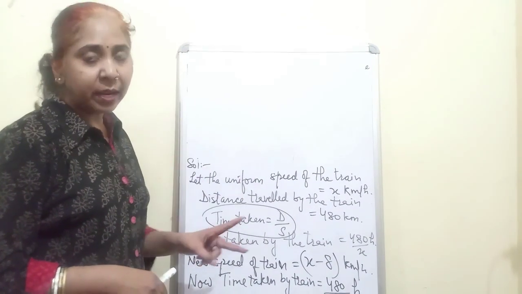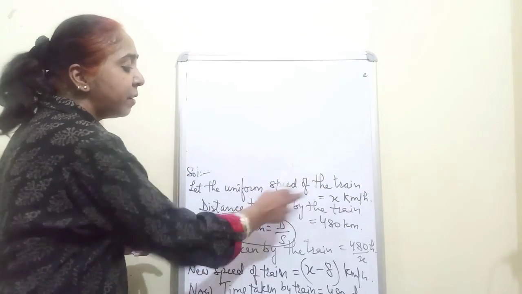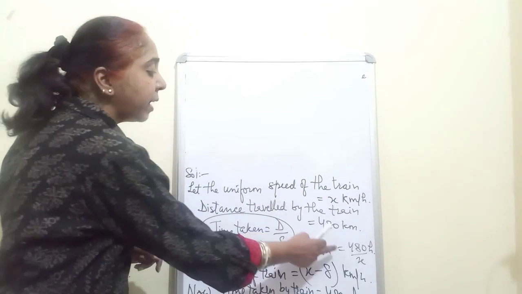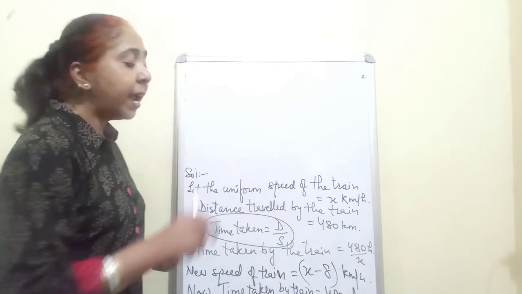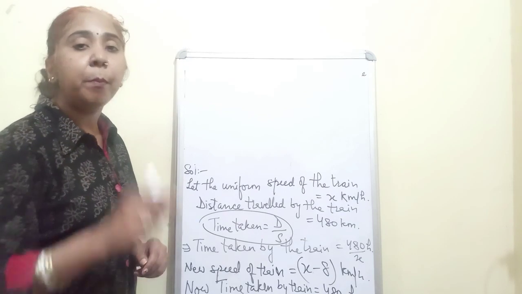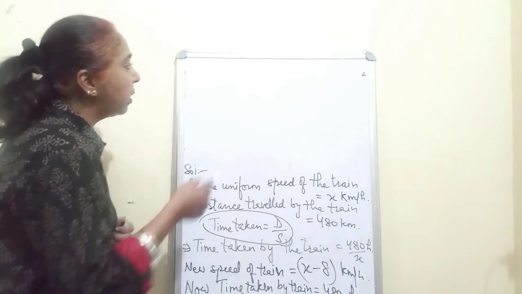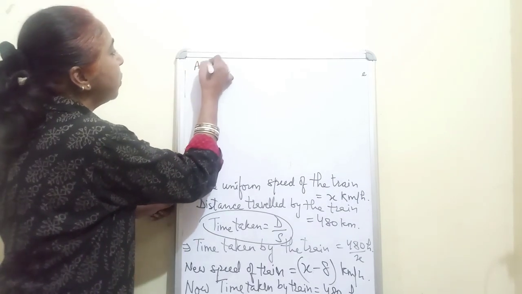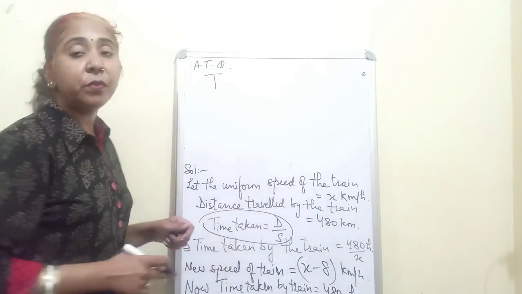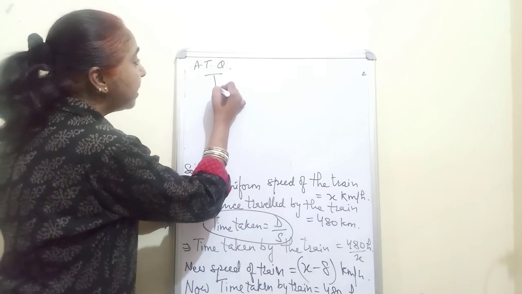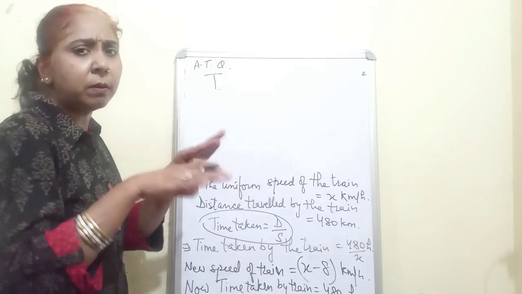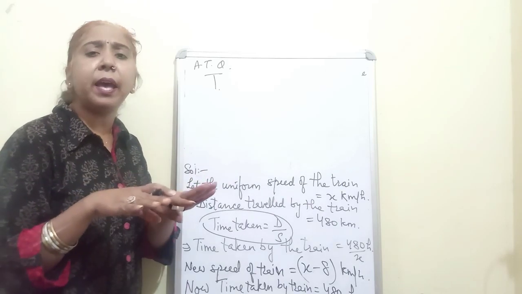Now we have the time taken when the speed is x and when the speed is x minus 8. In the first case, the time taken is 480 by x, and in the second case, the time taken is 480 upon x minus 8. You know, there's a relation between speed and time.